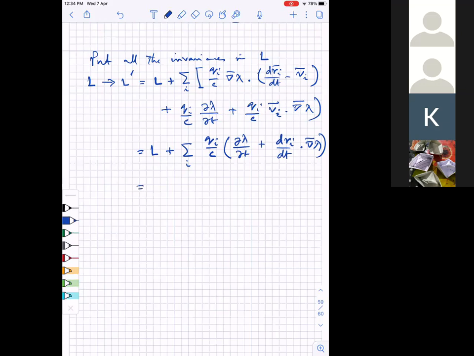So now I can go one step forward and write this as L. So my L prime, this one becomes L. I can combine these two terms in the bracket as one term, d/dt of (Q y by C lambda).